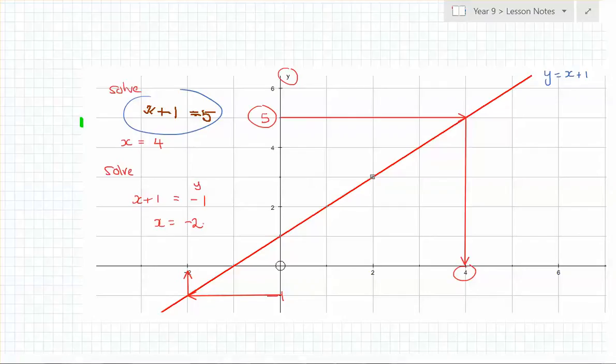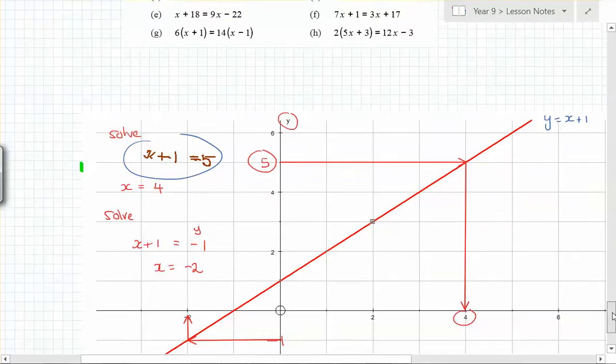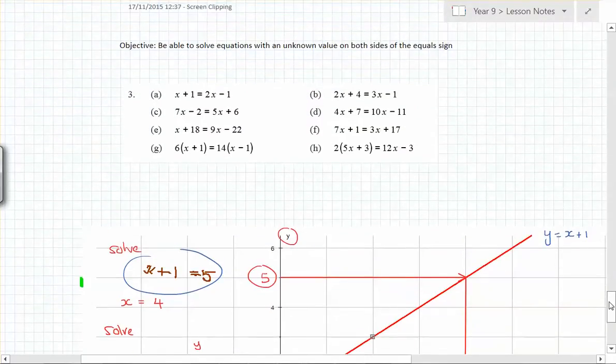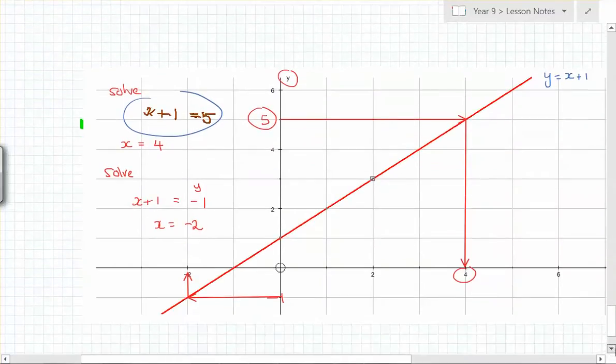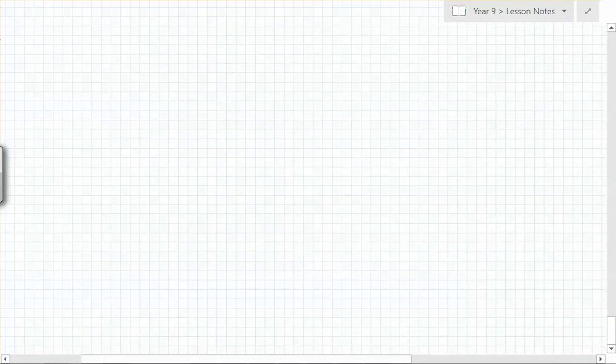However, we're moving on a step now. This time we've got something like this. We're going to work on it together. So x plus 1 equals 2x minus 1. We no longer have x plus 1 equals a number.